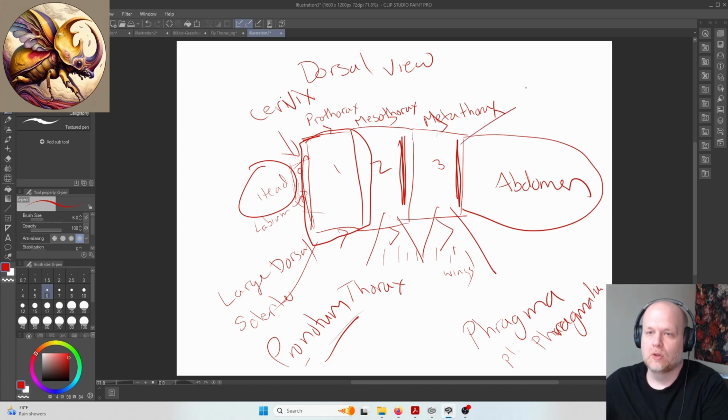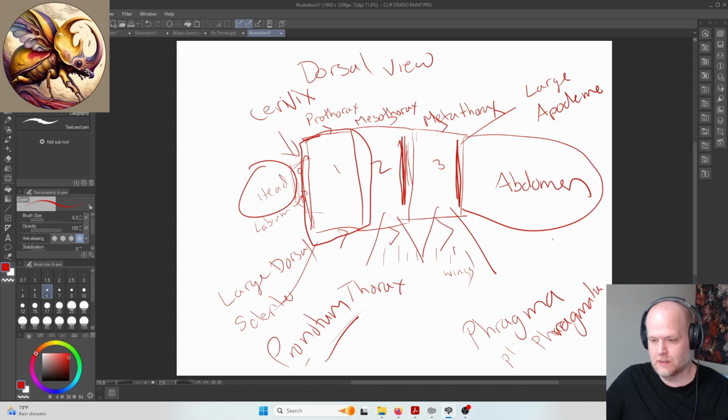And these are large apodemes. If you will remember, apodemes are invaginations of the body wall used for structural support. These are the points where the lateral muscles of the wings attach. So they're quite large, and it's not quite the end of each segment, but it's right towards the end of each segment. So those are the phragma, or the phragmata.